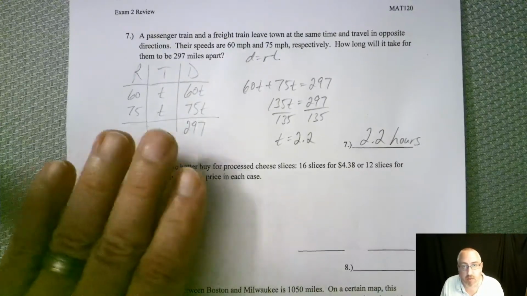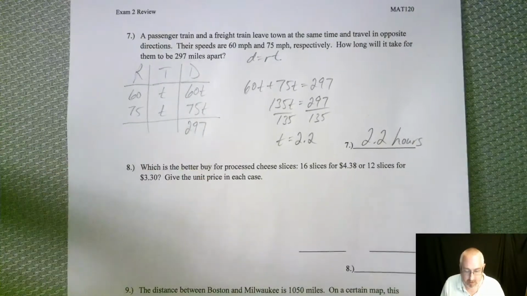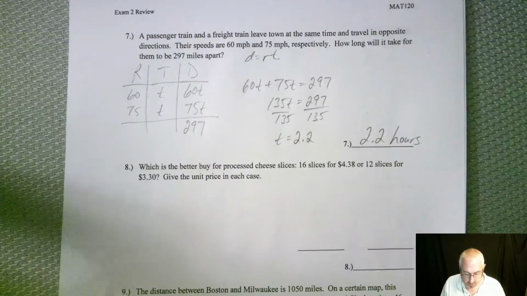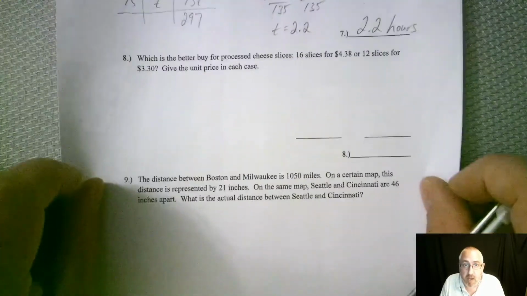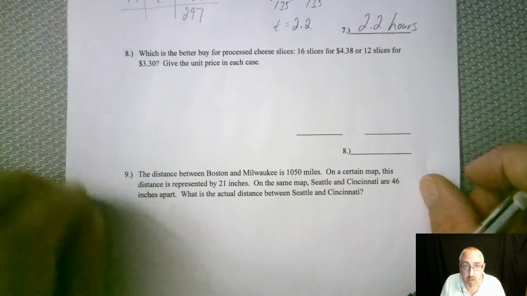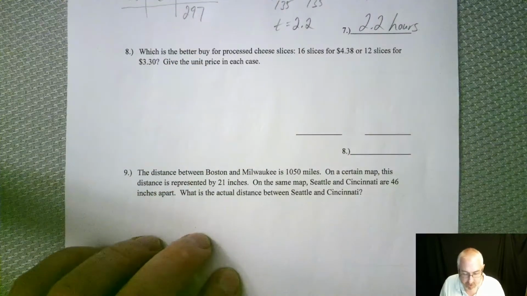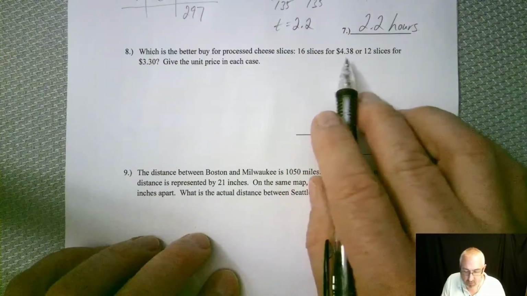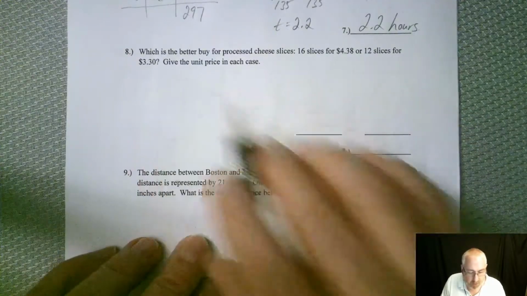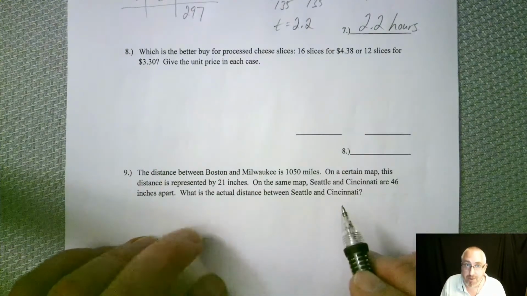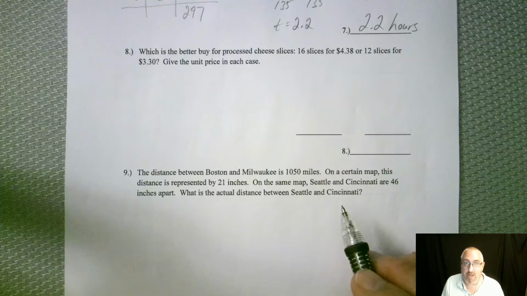But again, those tables are very powerful if you can get them set up correctly. So let's take a look at some of the other applications. So this was a classic one. Which is the better buy for processed cheese slices? 16 slices for $4.38 or 12 for $3.30. Give the unit price in each case.